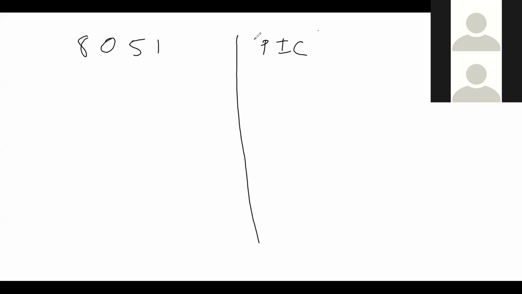Subbulakshmi, tell one difference. Everyone has to tell one difference. Tell me the difference between 8051 and PIC.